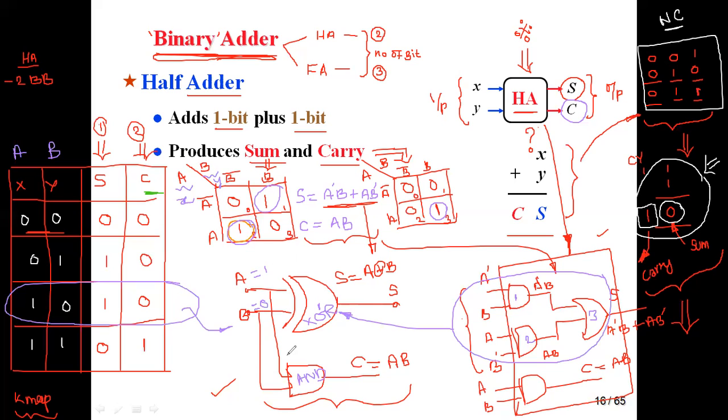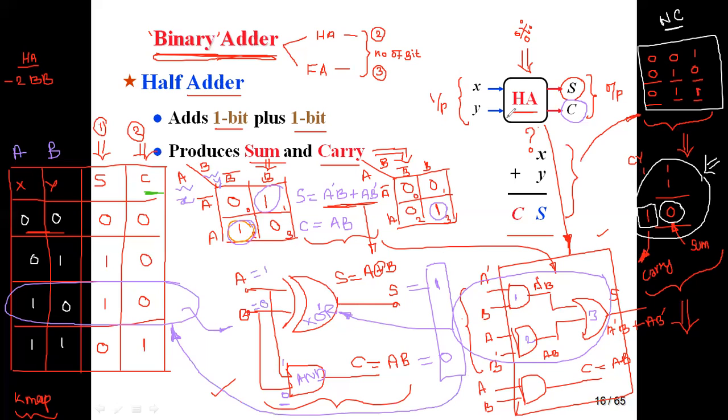You know the logic gate truth table: for an XOR gate, if both inputs are different, the output equals 1. Here A equals 1, B equals 0. Since it is an AND gate, if any one input equals 0, the output equals 0. So the designed circuit's output is verified with the logical truth table. That's all. With this, the half adder circuit is over.